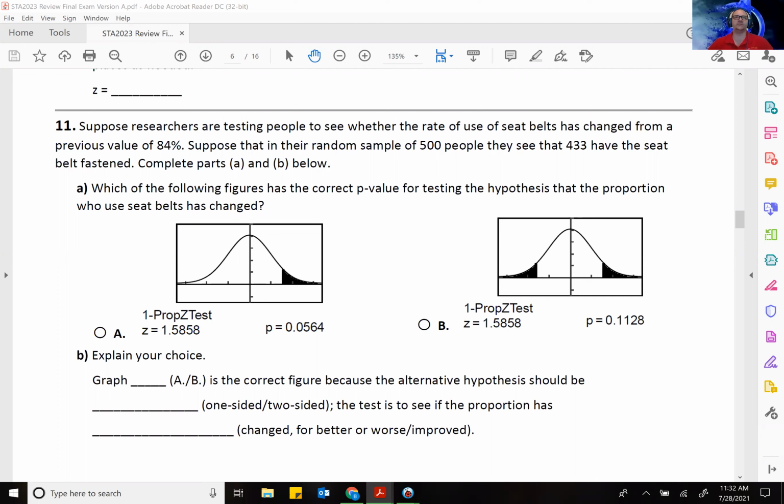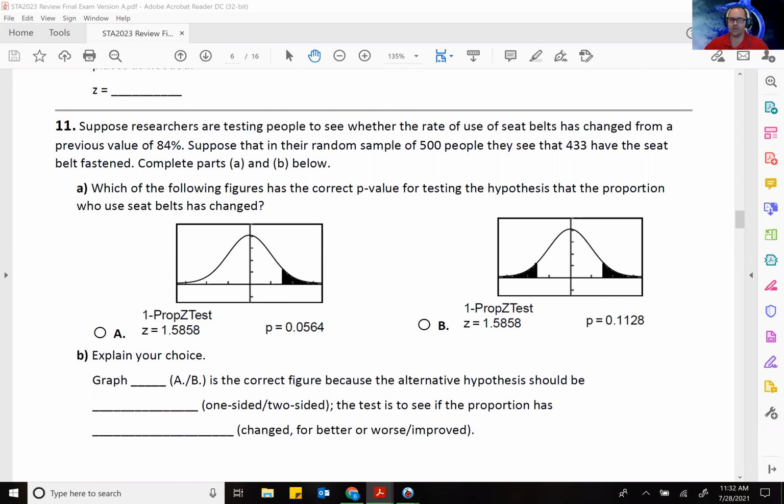And is changed is another way of saying is different. Whenever you run into is different or has changed, that's a not equal to. If they want to talk about an increase or decrease, that's when you're dealing with the one tail. So B is absolutely correct. So you've chosen the correct picture.